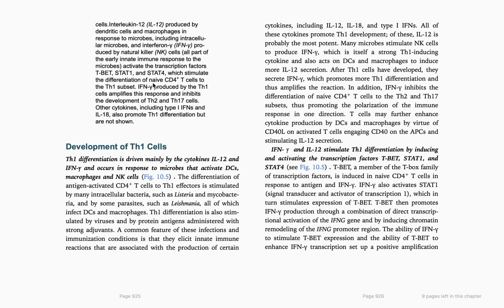These activate transcription factors Tbet, STAT1, and STAT4, which stimulate differentiation of naive CD4 T cells to the T helper 1 subset. Interferon gamma produced by T helper 1 cells amplifies this response and inhibits the development of T helper 2 and T helper 17. Other cytokines, including type 1 interferon and interleukin 18, also promote T helper 1 differentiation but are not shown.